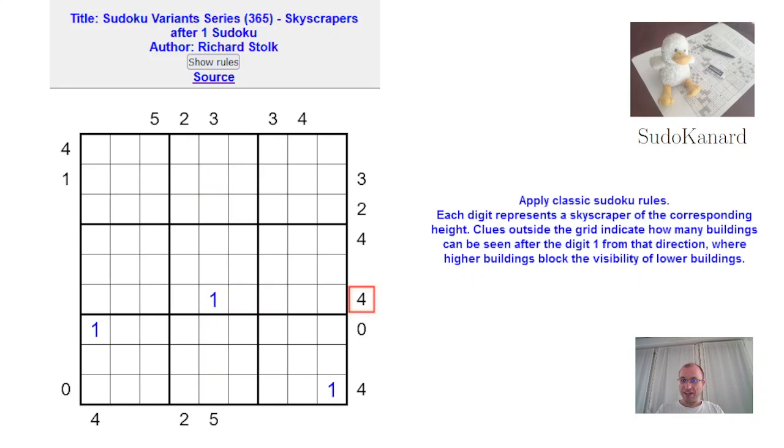And that's interesting with this 4, because 1 must see 4 buildings, so those are in ascending order. And there is a way of notating this. So is this, no, that's not a 3, yes, that's a 3.